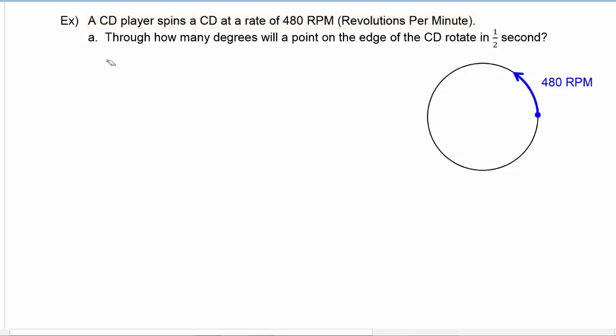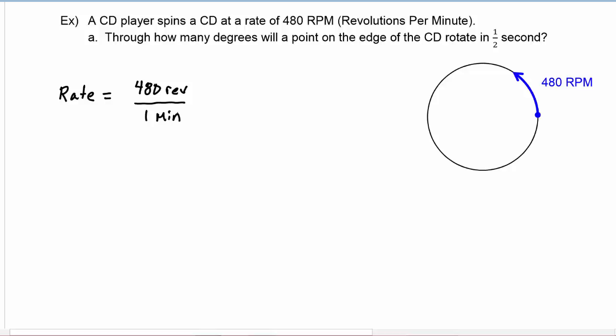And the first part of this question asks, through how many degrees will a point on the edge of the CD rotate in 1/2 of a second? So this 480 revolutions per minute, that is a rate. So the rate that the CD spins is 480 revolutions in 1 minute.